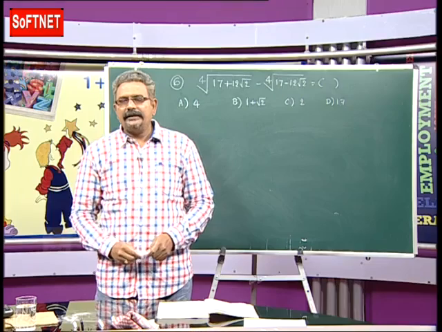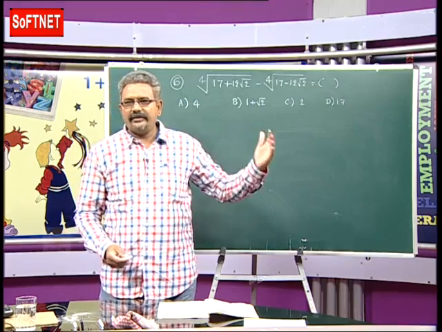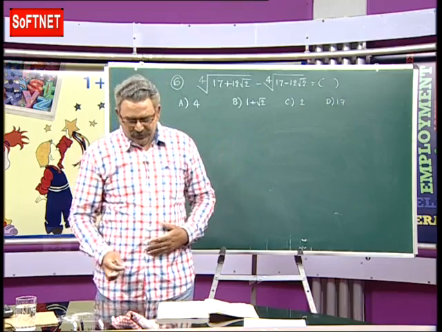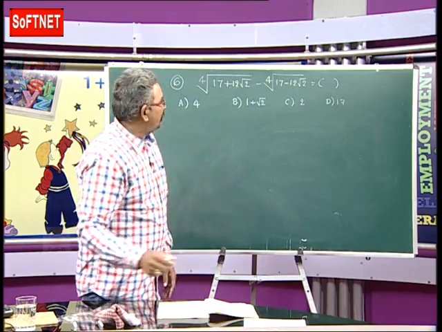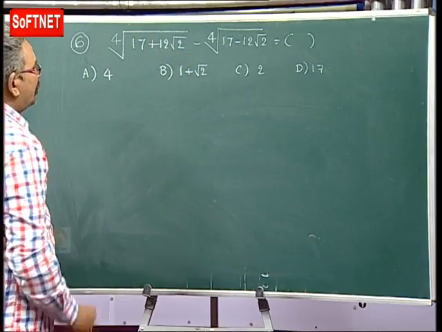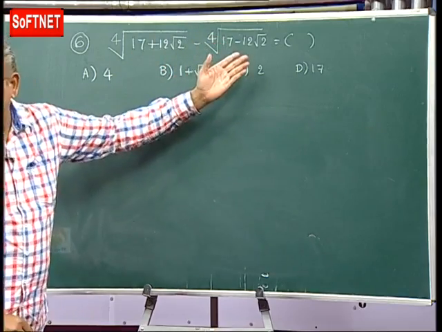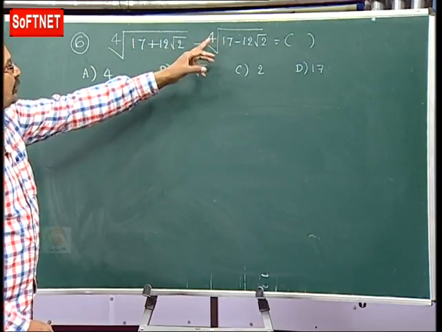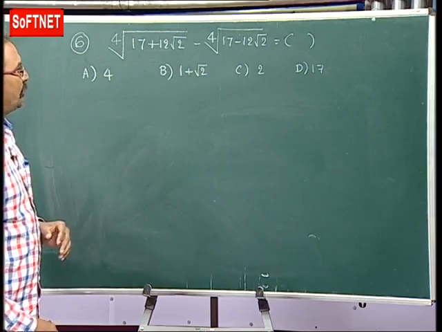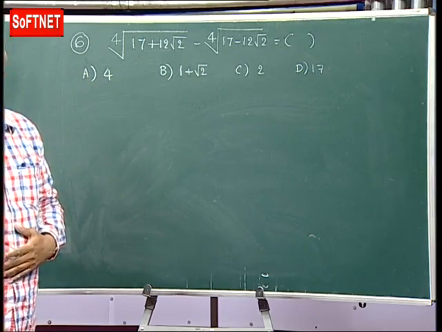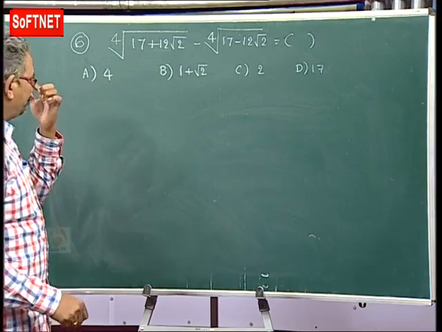So this is also based on the fourth root of a surd itself only. So first let us find the fourth root of 17 plus 12 root 2, after that the conjugate of this one only. Now the fourth root of 17 minus 12 root 2, we have to subtract from the fourth root of 17 plus 12 root 2.